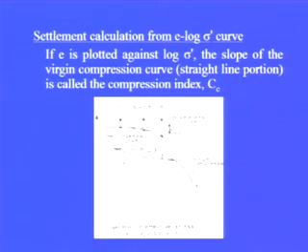So here I am trying to explain the difference between the normally consolidated soil and the over consolidated soil. Now this is the curve for the normally consolidated soil, and normally consolidated soils are those which have never experienced a pressure larger than the one existing at present.